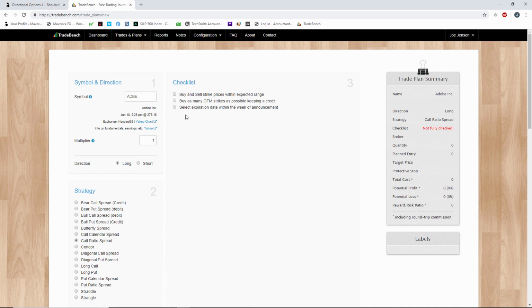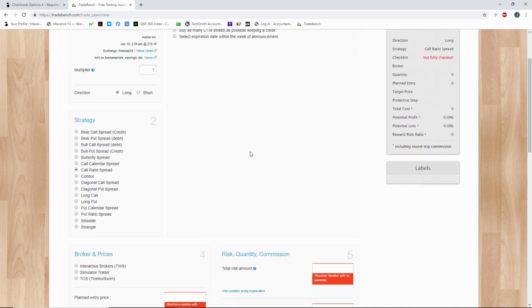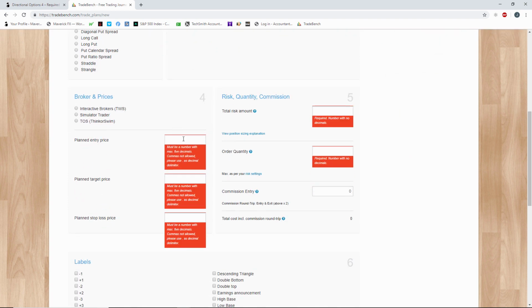So I can do the checklist, make sure that it works, and so forth, but it asks for values. And if you know as well as I do what you just learned with the ratio spreads, they're very difficult to do when it comes to this, because my planned entry price is going to be a credit, but my target price is way high or way low. There is no stop, because if it goes down, you're going to keep your credit. So it's super, super difficult to use a trading plan.